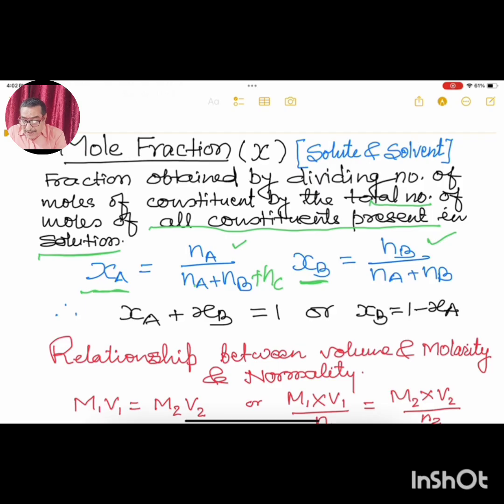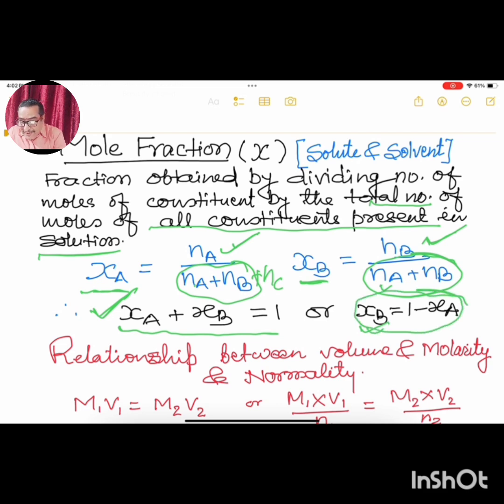Similarly, the mole fraction of component B is Nb upon Na plus Nb; the lower portion in each case is the same, only the first part is changed. No need to calculate both, because Xa plus Xb equals 1. So if we calculate the mole fraction of one component, the other can be easily calculated by using this formula.